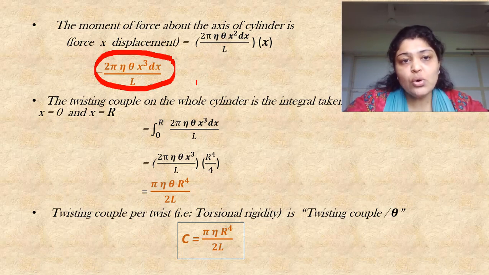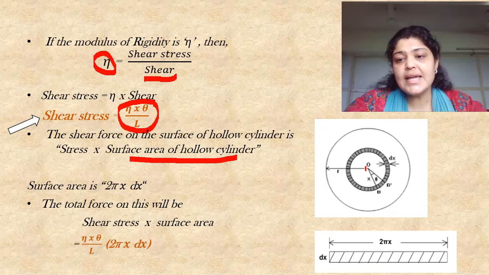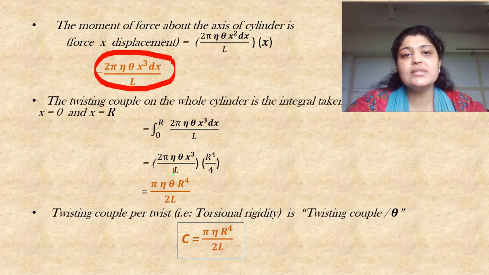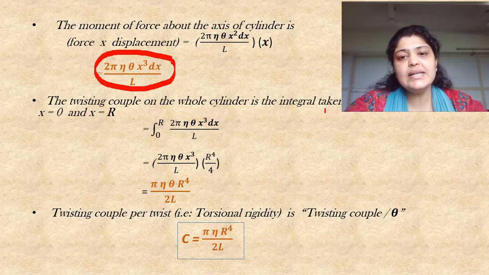To find out the total moment of force about the whole cylinder, we have to integrate it. What will be our integration limits? It will be from the center to the maximum, and this radius we have already considered r, because that is the radius of cylinder.